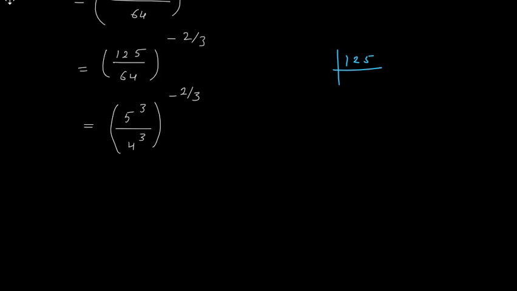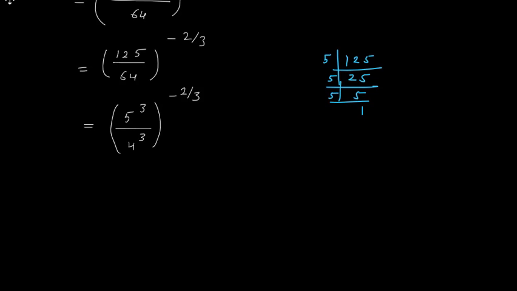As the unit digit is 5, it comes under the table of 5. So 5 fives are 25, then 5 fives are 25, then 5 in the 5. So 5 into 5 into 5 I can write as 5 power 3. Similarly 64 you can factorize. It is taught to us that we should always begin with prime factors. So this 64 can be divided by 2, and once you start dividing by 2 you will find that 64 is 2 power 6.